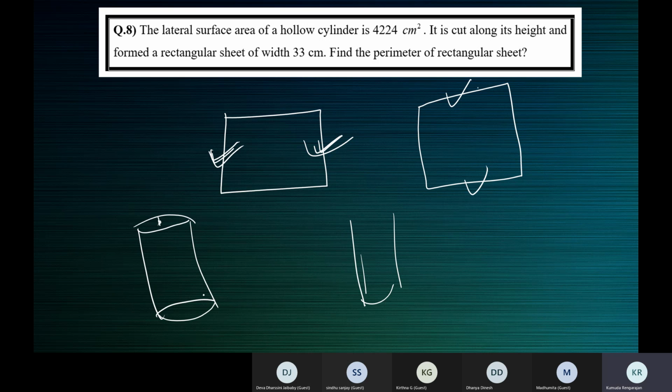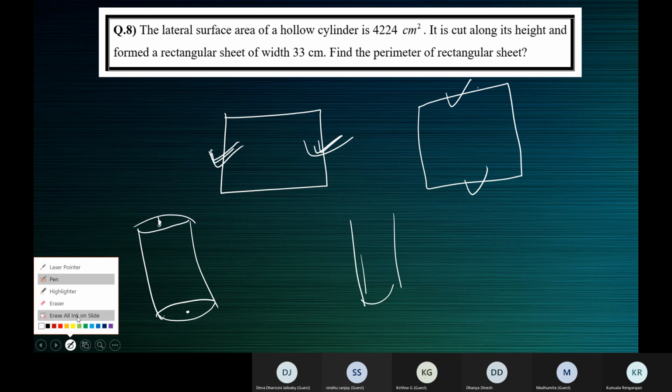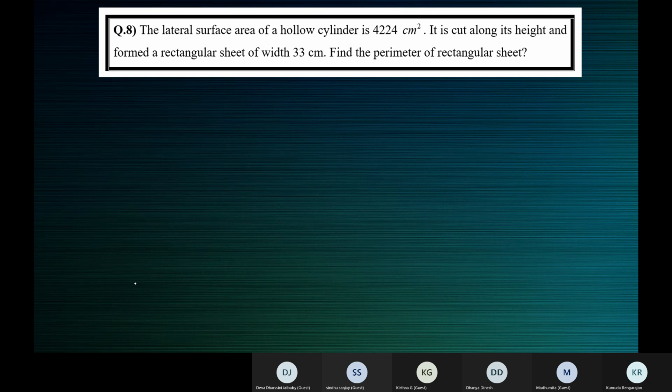From this end, you can see through the other end. That is a hollow cylinder. Both the circles are open. There is no material there.